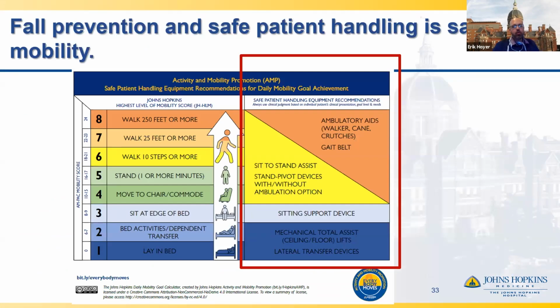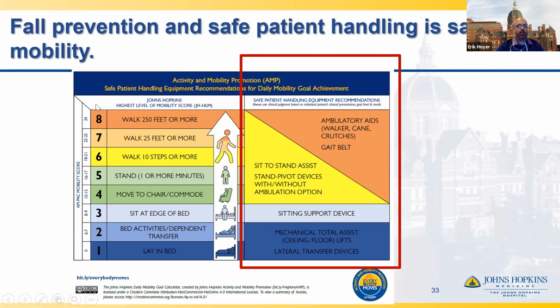The other thing that I think is important to keep in mind that's relevant for AMP is that we talk about promoting mobility, but what's also important is this concept of safe mobility. Another group that we've been partnering really closely with is the safe patient handling group. Hopefully, this algorithm is looking really familiar to you now.